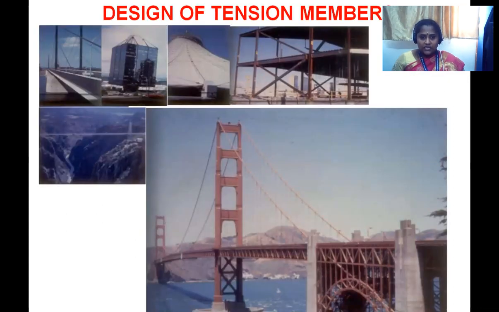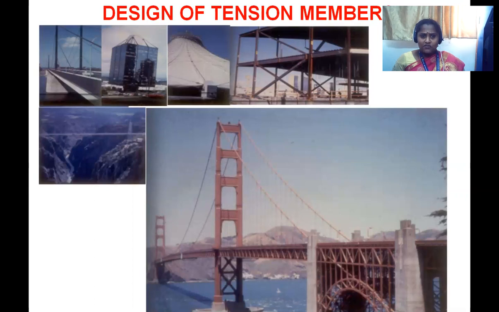Pictorially, you could see what is a tension member. Whenever we discuss elements of a structure, elements of a structure are nothing but parts of a structure, like how we have parts of our body, hands, legs, right?